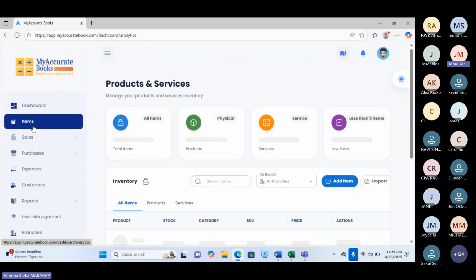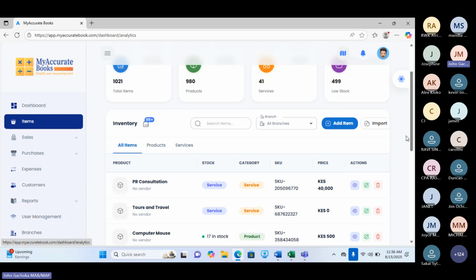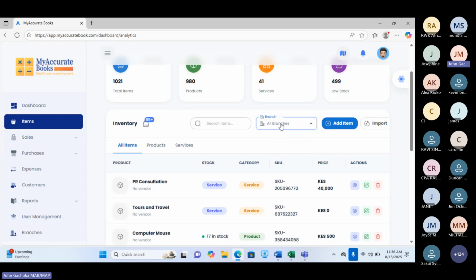Now, we can start with updating one service. Under items, you can update items, and you see here there is an icon where you can update on either of the branches. However, as an admin, you have access to all branches. So you have two options.